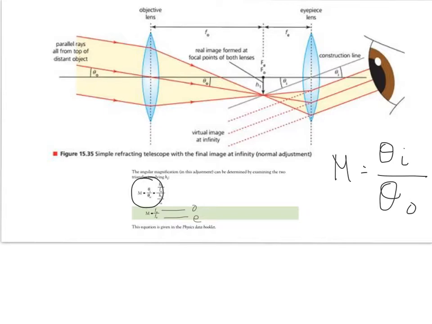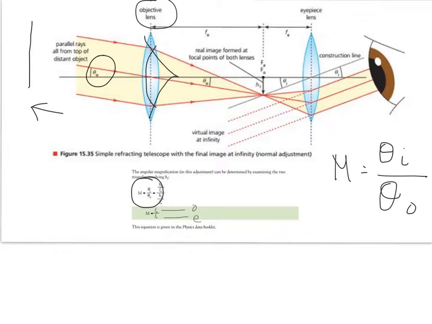Now, the object is not infinitely far away, but very, very far away in the distance. And the rays, if you can imagine, instead of arriving at an objective lens, they arrived at an eye, like this, you can see why the angle at which they arrive is this one.